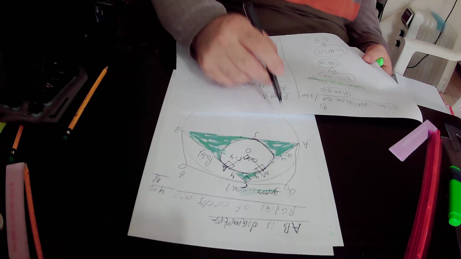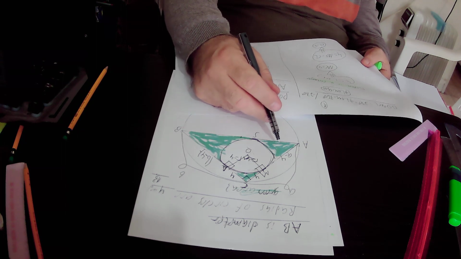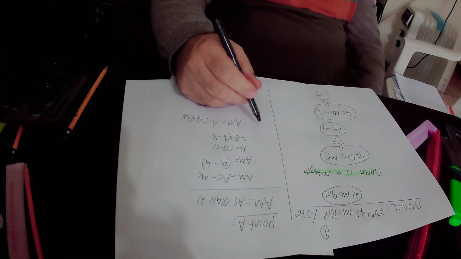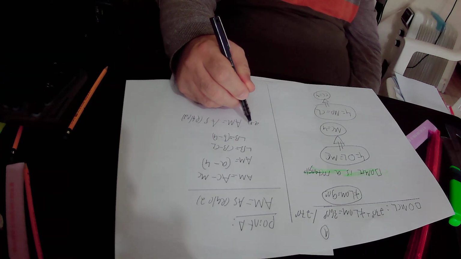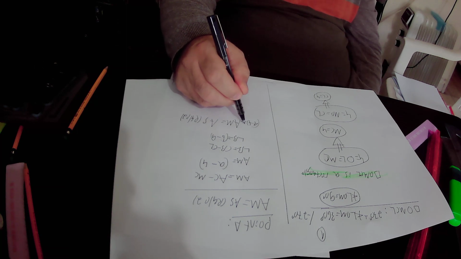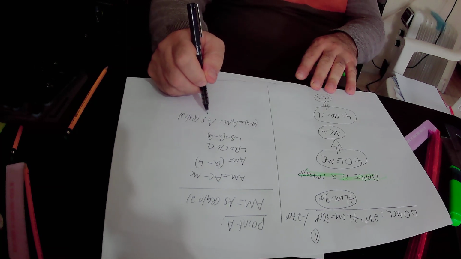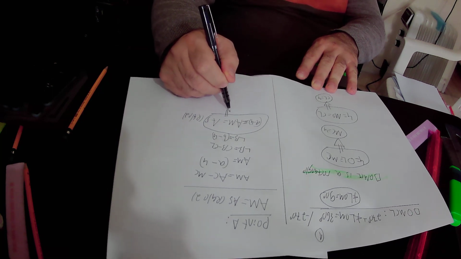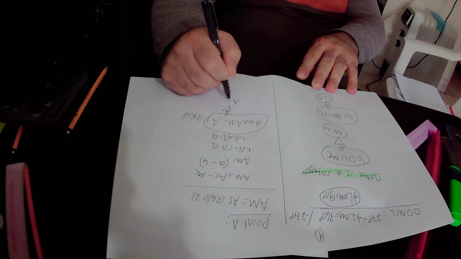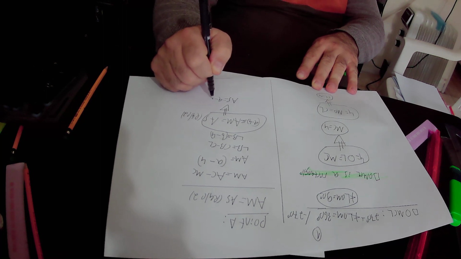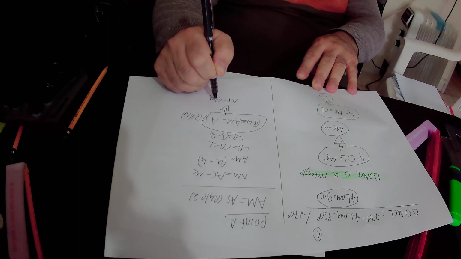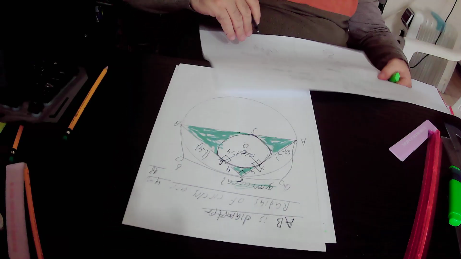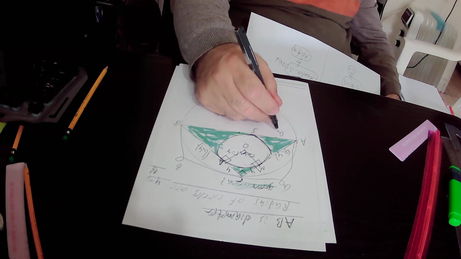But we already found out that AM equals A minus 4. And from this equation, A minus 4 equals AM equals AS, we derive that AS is also equal to A minus 4. So we can write down here that AS equals A minus 4.